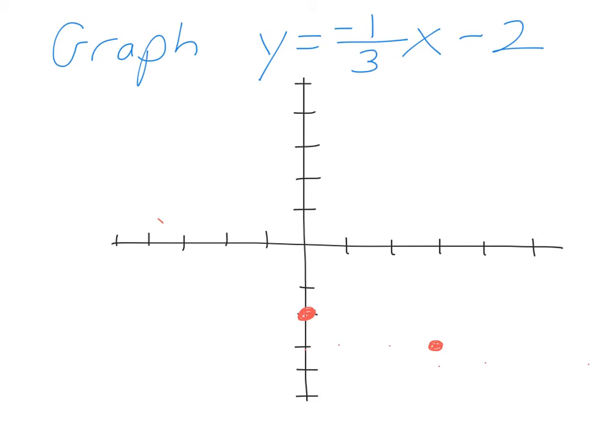If I went down 1 and right 3, what would be the opposite? Up 1 and left 3. Now that I have 3 points, it makes it a little bit easier to draw my line. And there it is. Okay?